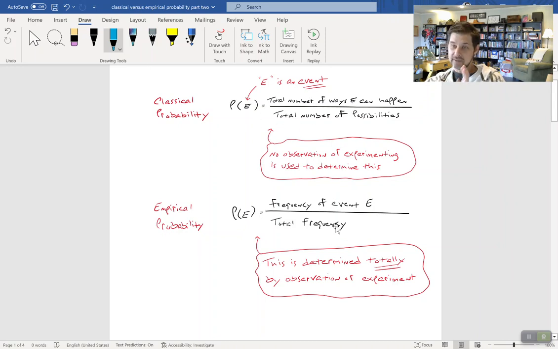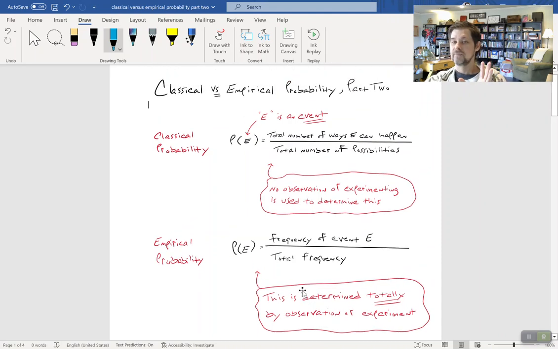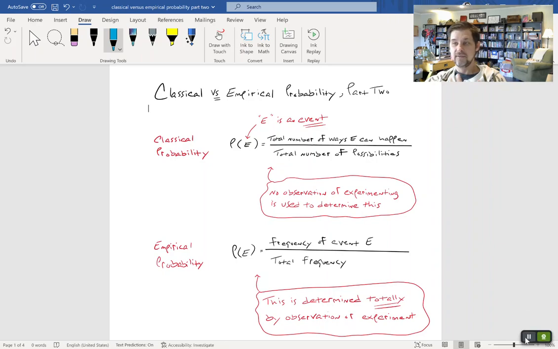It's just that in classical probability, we get these numbers from our heads without observation or experiment. In empirical probability, you will be given data, the result of observation, surveys, whatever, something like that. And then you use those numbers. But that's the difference. That's the only difference between them.